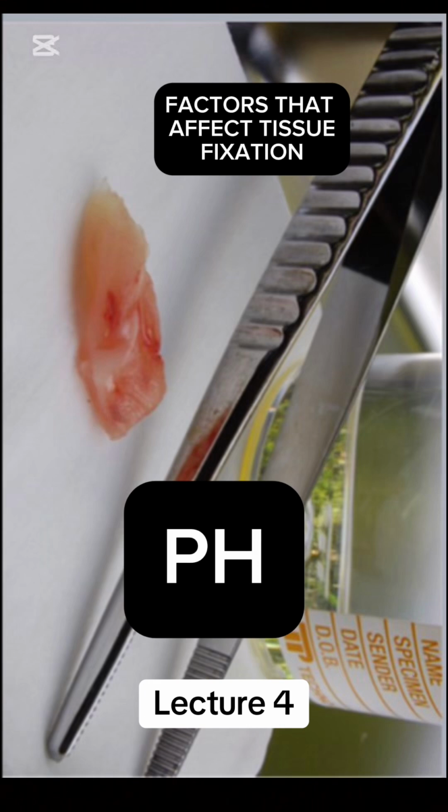pH. pH is a measure of acidity or alkalinity of a solution. In regard to a pH scale, it ranges from 0 to 14. pH less than 7 is regarded as acidic pH. In other words, we have higher concentration of hydrogen ions. pH equal to 7 is neutral pH.